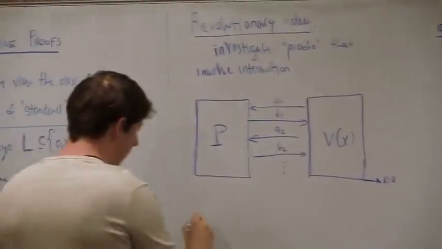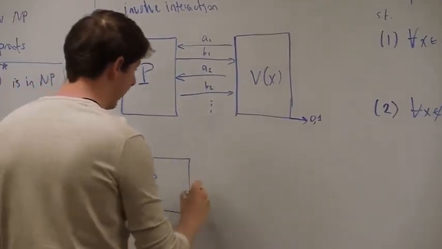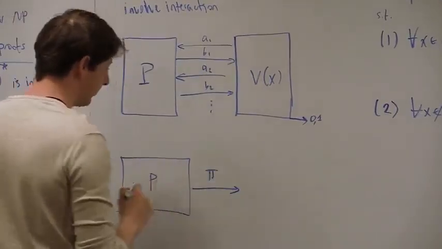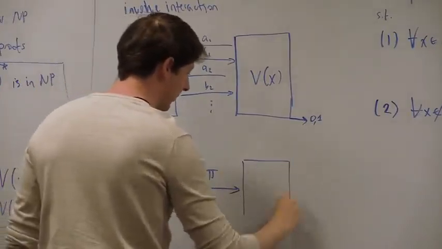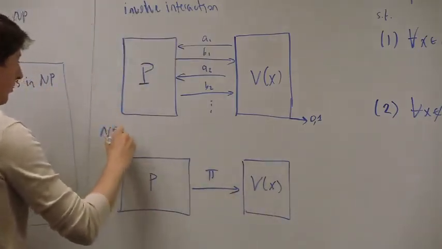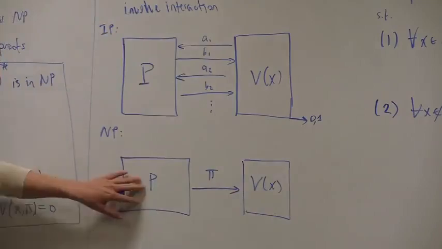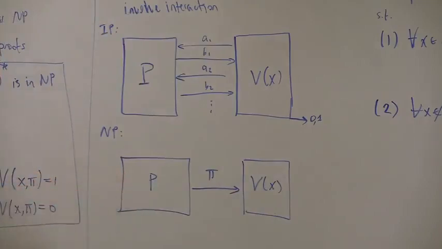So let's compare NP and the definition I have so far. The picture that we have in NP and IP differs in the following way. The prover in the definition of the class NP is implicit. We don't really need to talk about it.